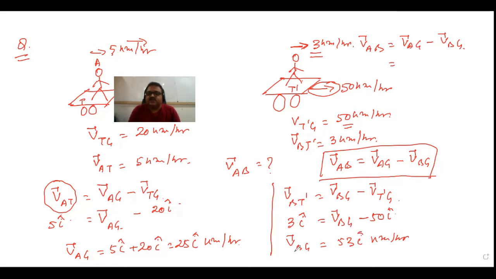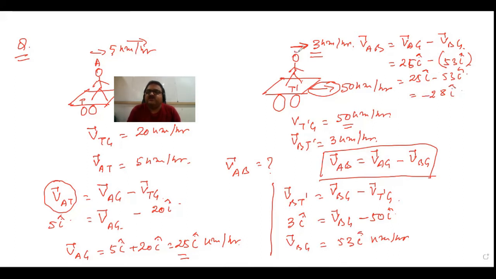Velocity of A with respect to ground means this 25 I cap minus what is the velocity of B with respect to ground? It is 53 I cap. So what is that? 25 I cap minus 53 I cap. What is that? It is minus 28 I cap.